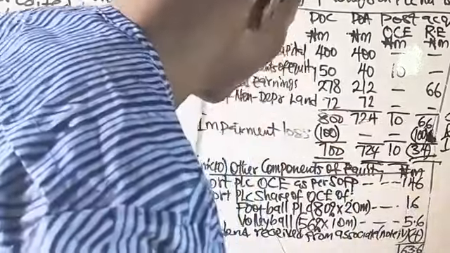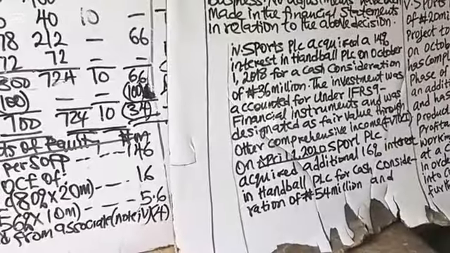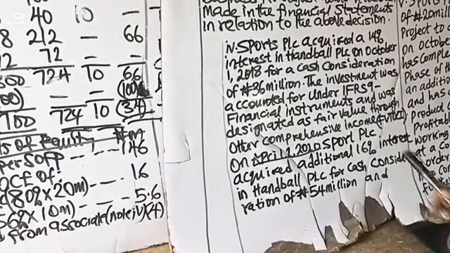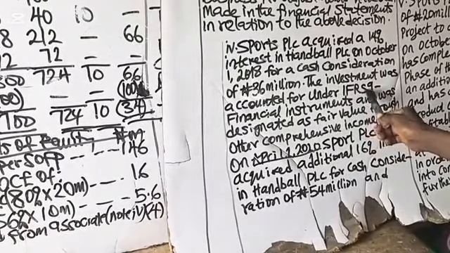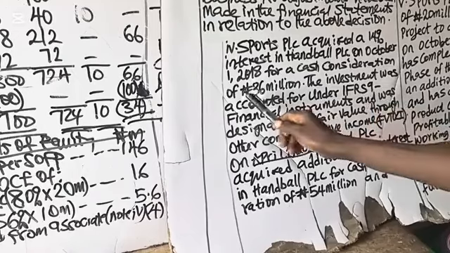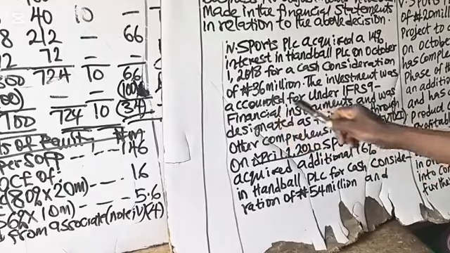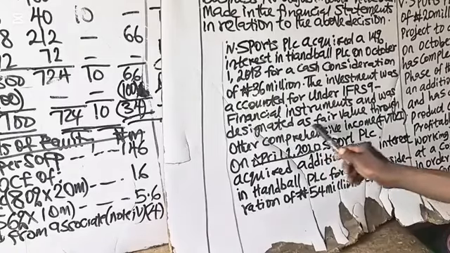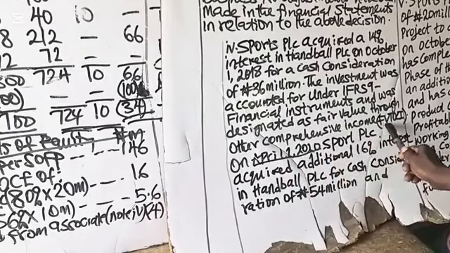From note 4, you were given the financial asset that was recognized in accordance with IFRS 9. The cost is 36 million, while its fair value is 42 million. And you were told it is to be recognized as fair value through other comprehensive income.